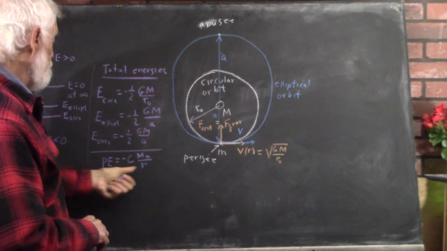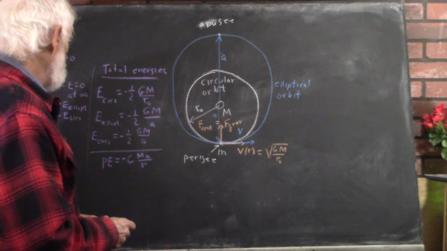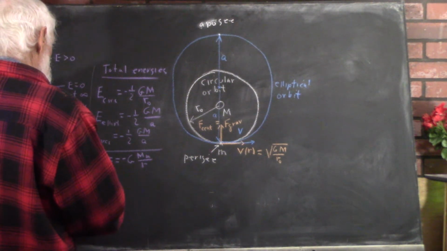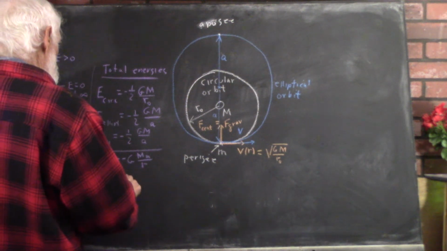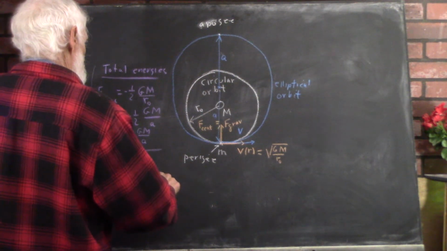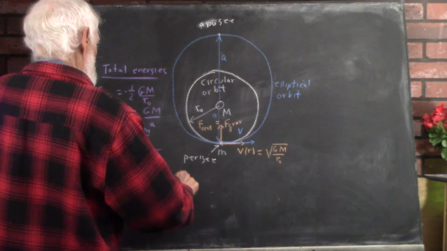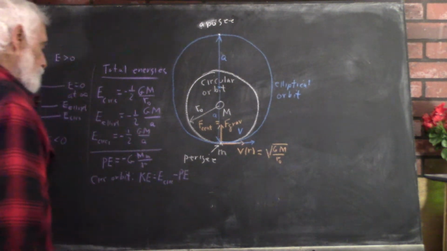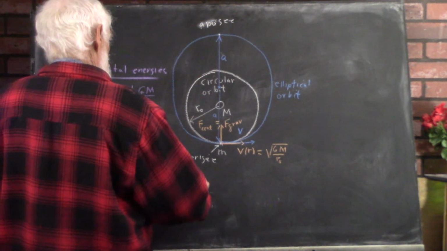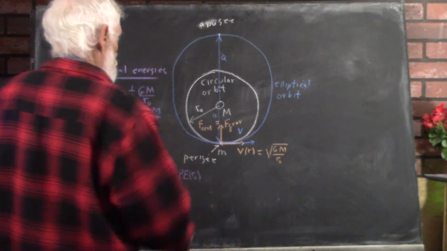Now, potential energy anywhere is this. So, for the circular orbit, and we saw this before, this is the energy of the circular orbit minus the potential energy at distance R naught.